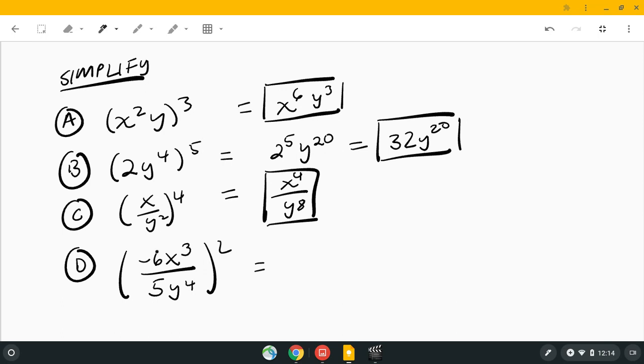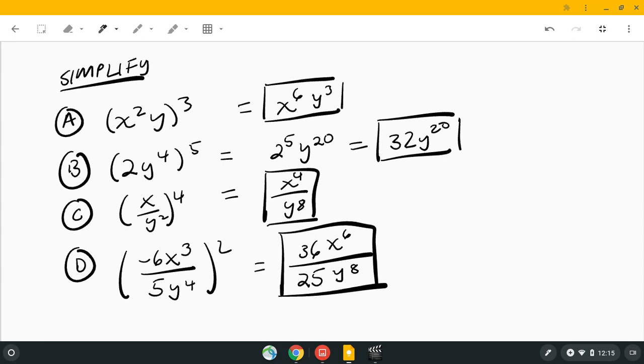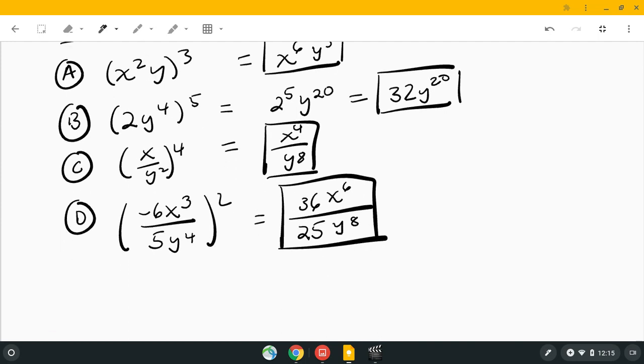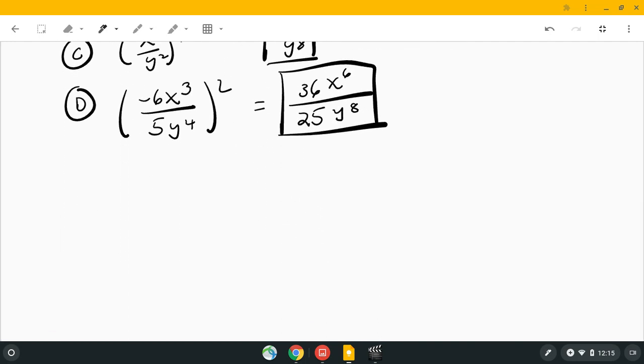Negative 6 times negative 6 is 36. And here, multiply the exponents, so that's x to the 6th. 5 to the second power is 25, and then we get y to the 8th. All right, so that's the product rule and power rule.